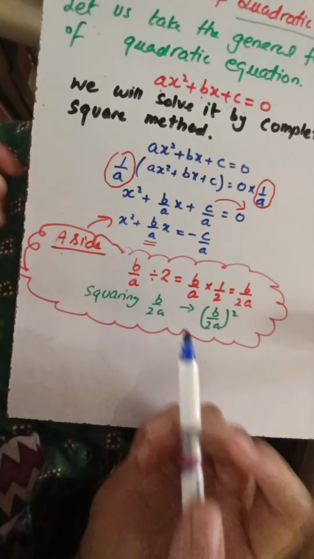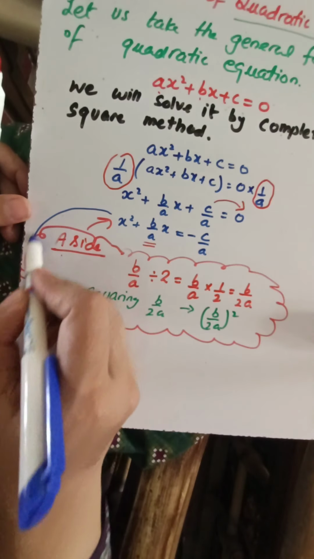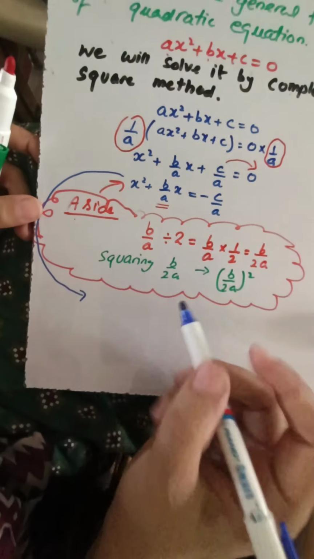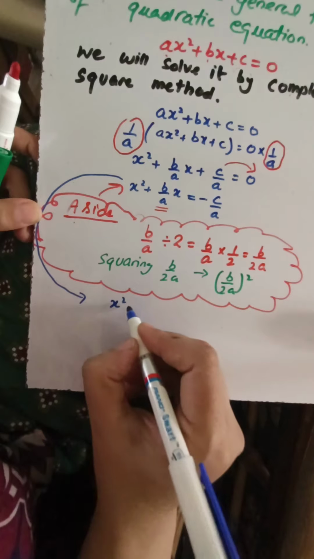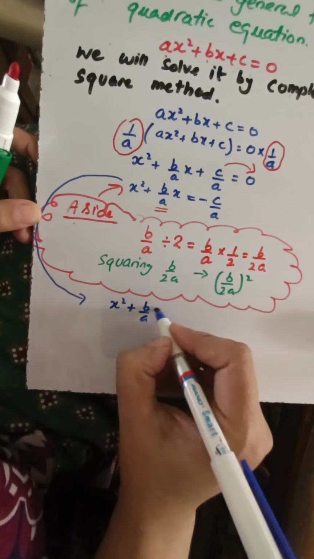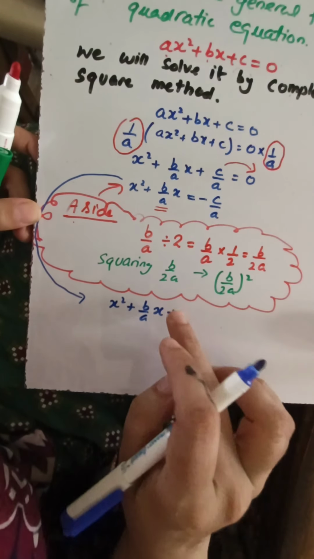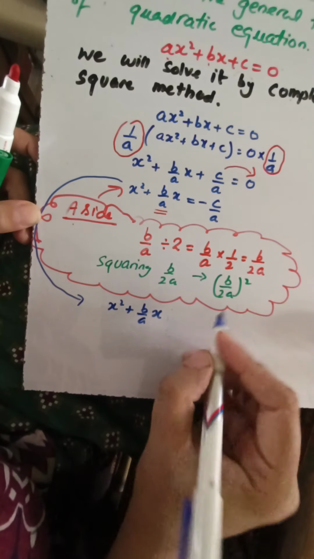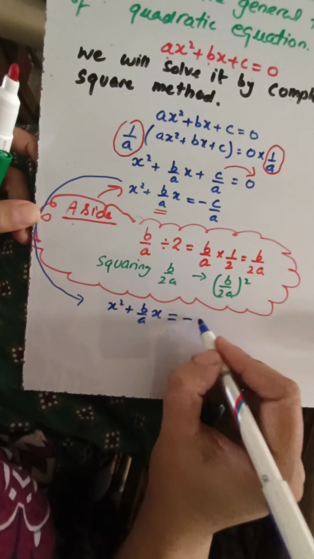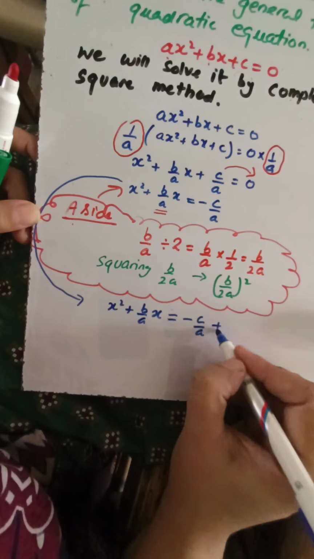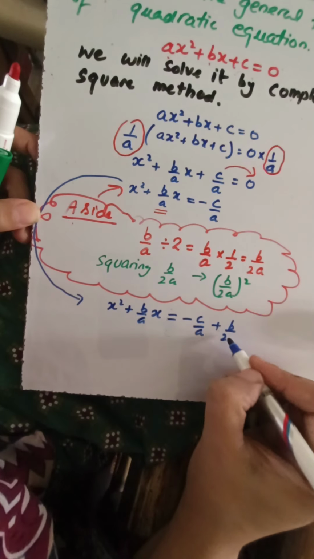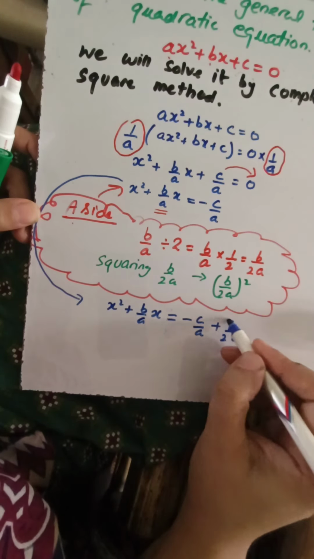Now coming back to our equation, I am going to write this again. x square plus b over a x plus b over 2a whole square equals negative c over a plus b over 2a whole square.